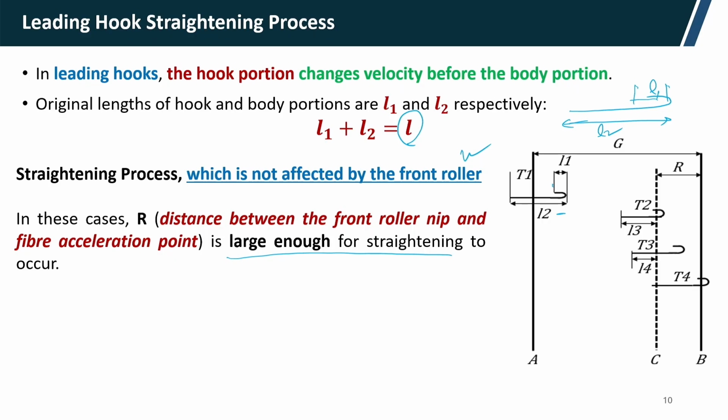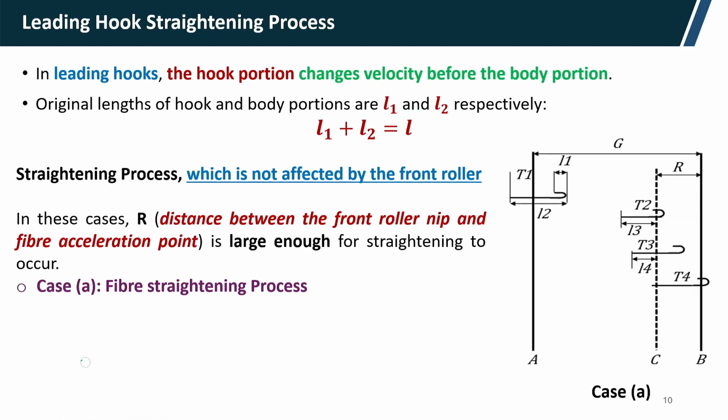At that condition, if R is very high, it will take some time to reach the front roller nip and there is a gap. So, in that case the straightening process is not affected by the front roller. Now, this diagram is showing case A of the fiber straightening process.